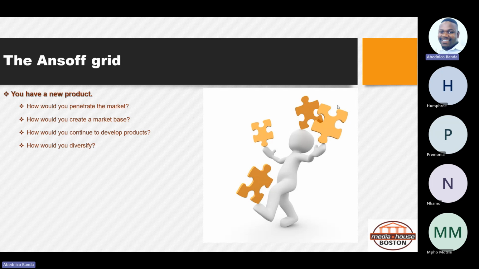It is a baked beans product, and all of a sudden it's now selling sardines. Think of banks, your FNB or Standard Bank, they now have SIM cards, so they're now competing with network providers. So a lot is happening in terms of diversification, market development, and product development. So that's all about the Ansoff grid.